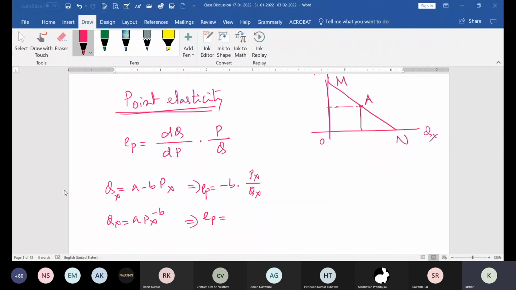Can you hear me? Yes, sir. So can you calculate it? For a power function, what will be the elasticity value? Minus AB Px to the power minus B minus 1. Pardon? Minus B into?